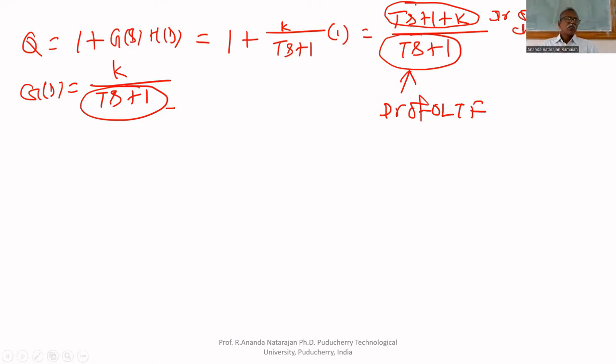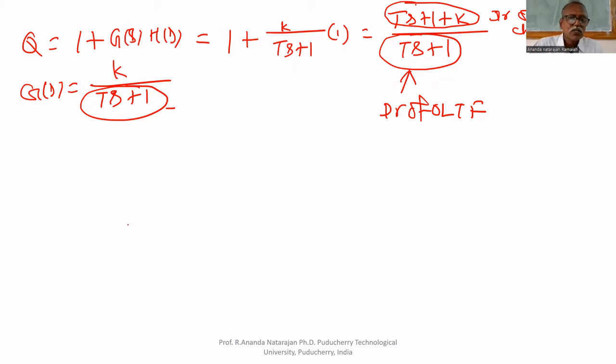So for a closed loop system to be stable, the roots of the characteristic polynomial should not be on the right hand side. That is, the roots of the denominator of the closed loop transfer function should not be on the right hand side, or the numerator of Q of S should not have any roots on the right hand side.